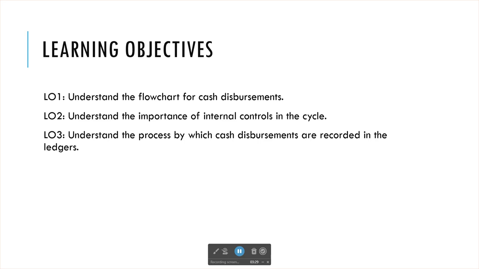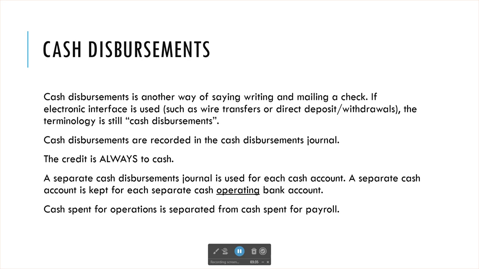Then we're going to go through the process, and we're going to talk about how these are actually recorded in the ledgers. Cash disbursements is another way of saying writing and mailing a check. Now today a lot of times we don't do this. We do wire transfers or we do direct deposits, but we still use this cash disbursements terminology.